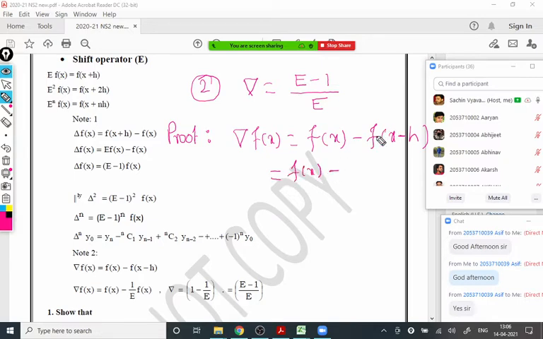How can we write f of x minus h in shift operator? So e to the power minus 1. Correct. E raised to minus 1 of fx. Very good. So this is by the shift operator formula.